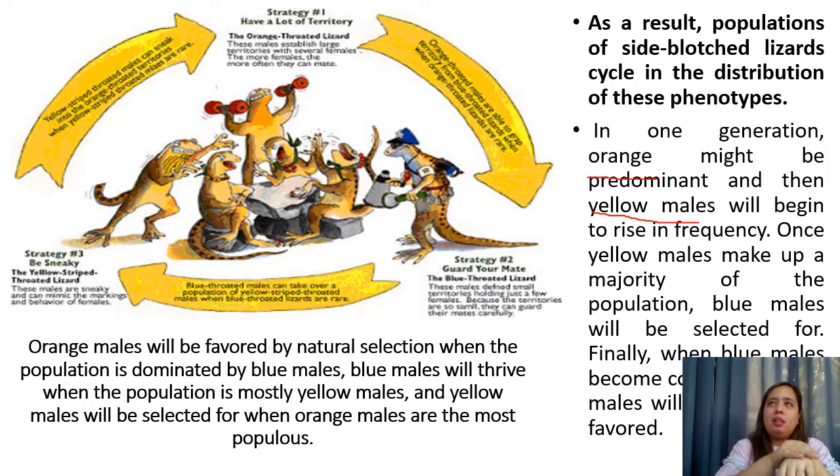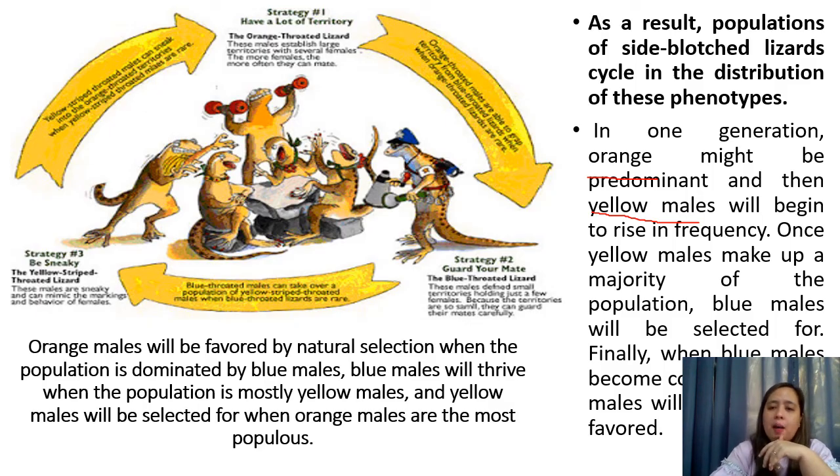So, bukod sa their number decreases because of direct fighting, the yellow throat lizards' population will now increase dahil nga they are the ones who are copulating with the females.